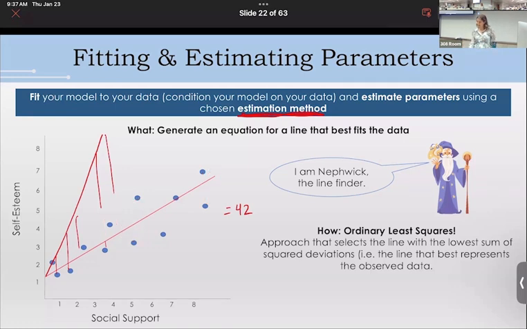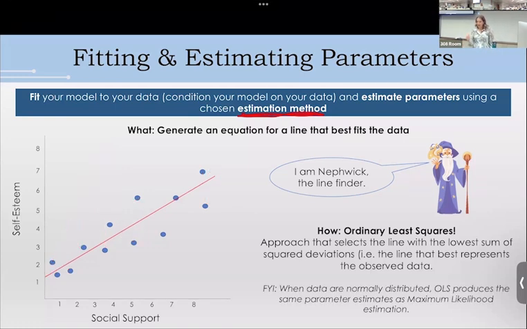FYI, for when you read articles and when you get into other stats classes, or if you're taking factor analysis and SEM now, which a couple of you are: when data are normally distributed, OLS, ordinary least squares, produces the same parameter estimates as maximum likelihood.